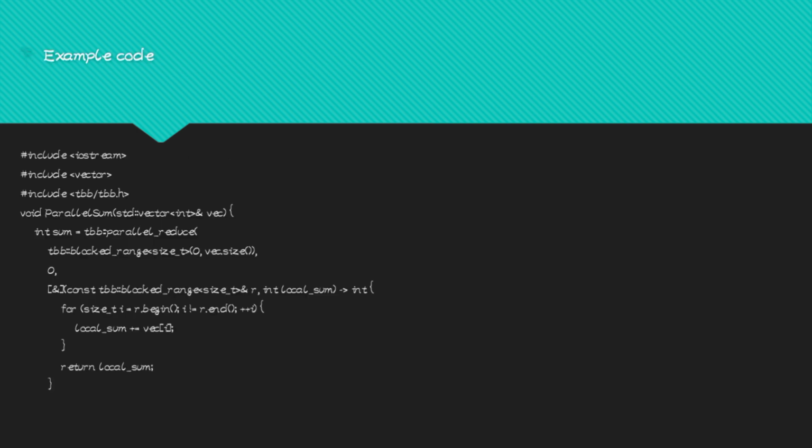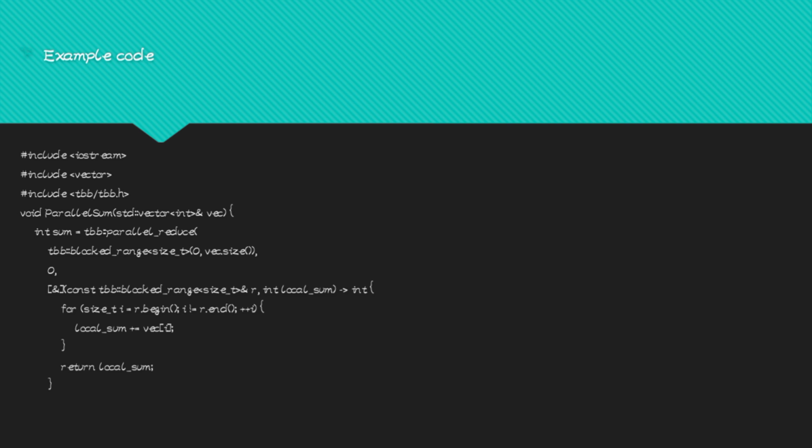So we have an example code here, written in C++, the higher-level programming language. This code demonstrates the use of TBB, Threading Building Blocks. With this, we see parallel_reduce used to sum elements of a vector in parallel.